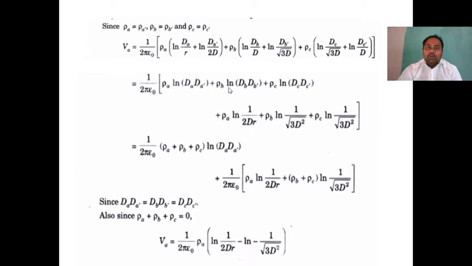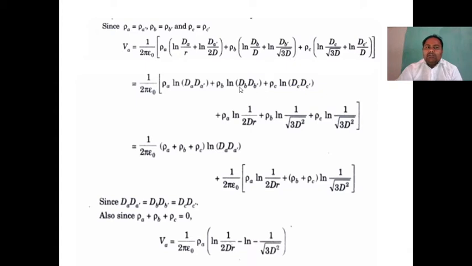Next is rho B log dB dash, rho C log dC dash. Rho B having D into root 3 D, root 3 D square, and root 3 D into D, root 3 D square. So separate numerator and denominator terms: rho A log dA dash, rho B log dB dash plus rho C log dC dash.